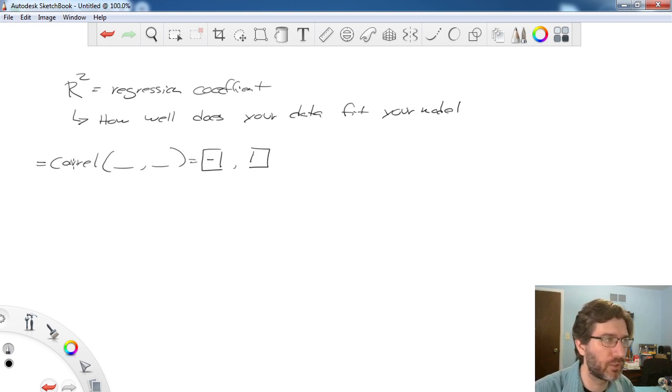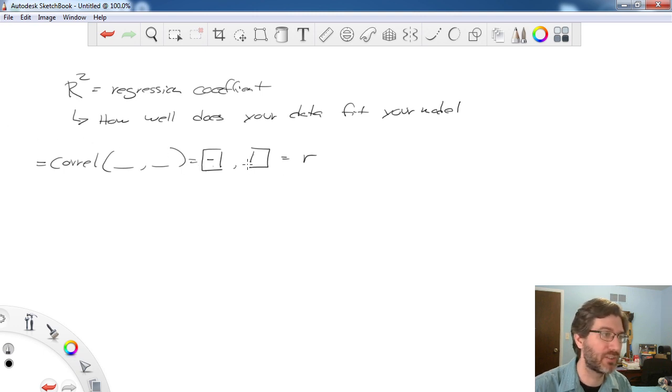That was your correlation coefficient. Believe it or not, this correlation coefficient actually equals R. So your regression coefficient is taking your correlation coefficient and squaring it. Because it's squared, it has to be a positive number.